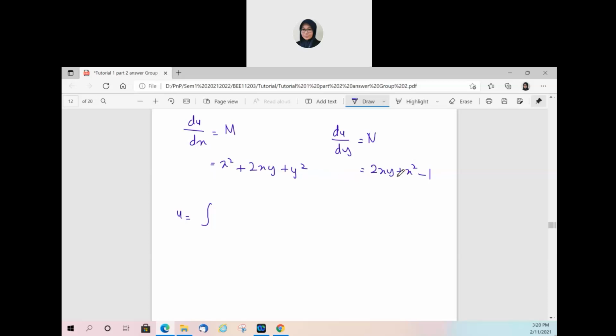So saya ambil yang ni ya. So you integrate du over dy, then you have to plus g(x). So equals to, you integrate 2xy plus x square minus 1 dy plus g(x).